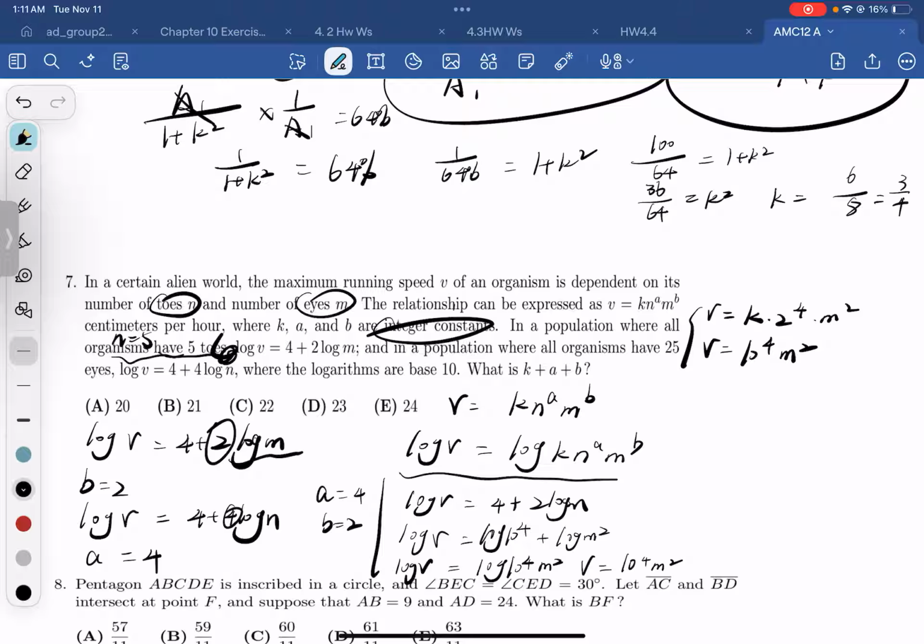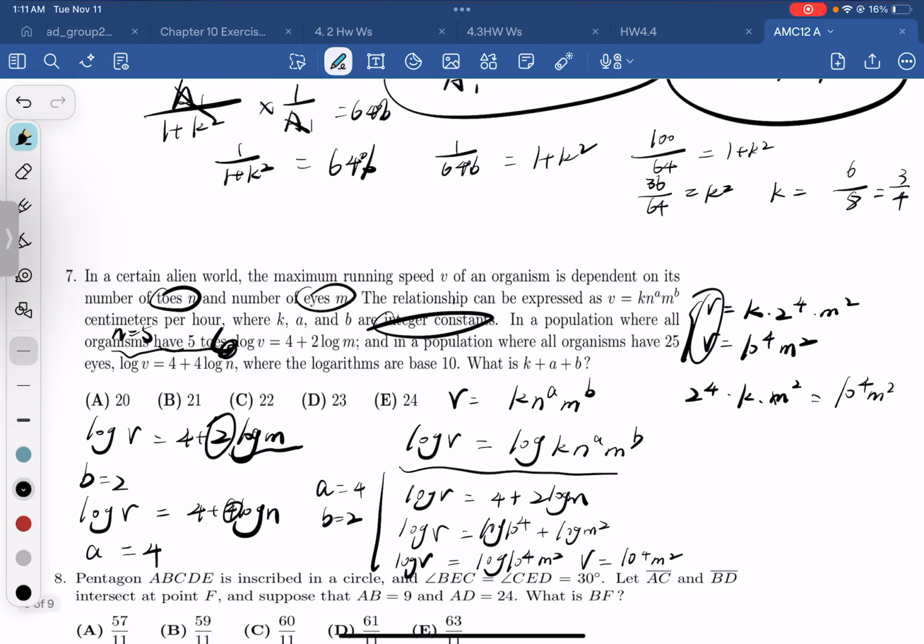And we see two equations, they both have velocity. We can solve the system of equations. So 2 raised to the power 4 times k times m squared equals 10 raised to the power 4 times m squared. m squared cancels out. So k equals 10 raised to the power 4 divided by 2.